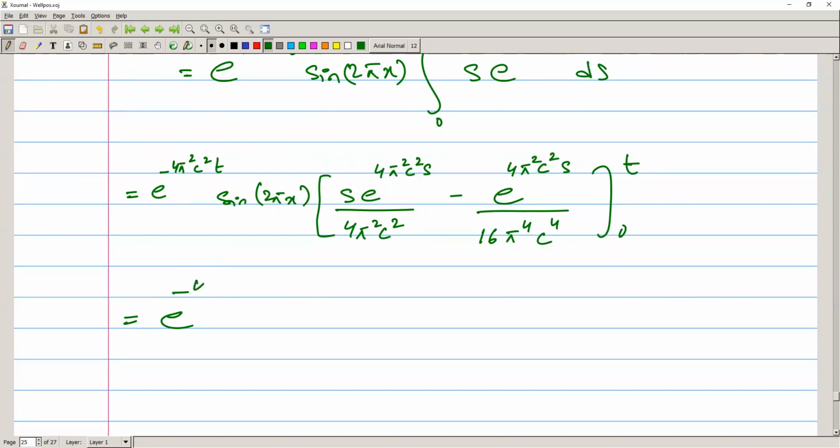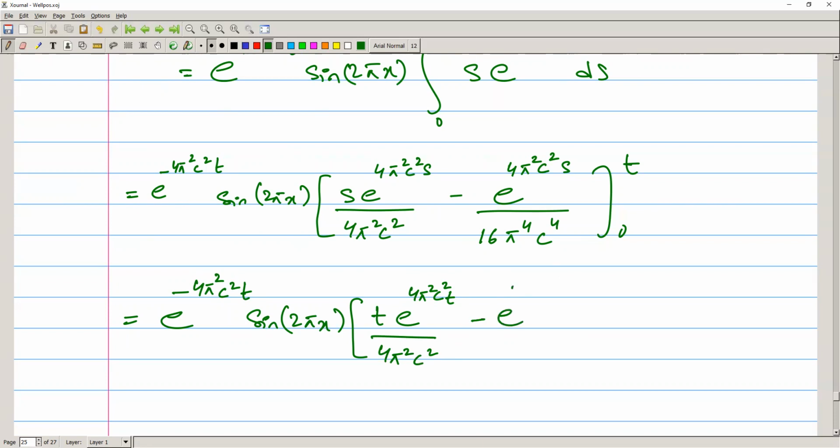Now we can apply the limits. Sine 2 pi x, this will be t e to the power 4 pi squared c squared t divided by 4 pi squared c squared, minus e to the power 4 pi squared c squared t divided by 16 pi to the power 4 c to the power 4, plus 1 over 16 pi to the power 4 c to the power 4.